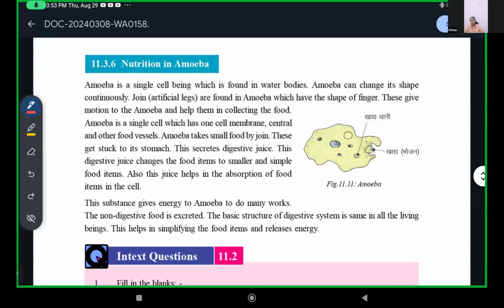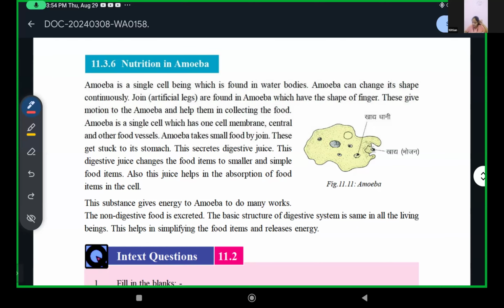Amoeba is a single cell which has one cell membrane, a nucleus, and food vacuoles. Amoeba takes small food by these, which get stuck to its stomach. These secrete digestive juice. This digestive juice changes the food to smaller and simpler food items. Also, this juice helps in the absorption of food items in the cell.